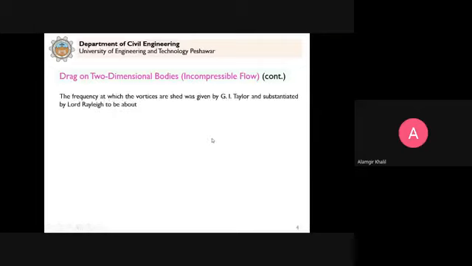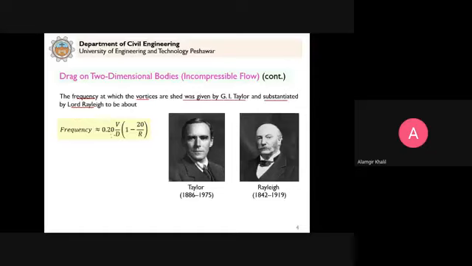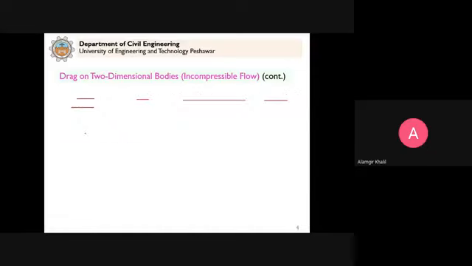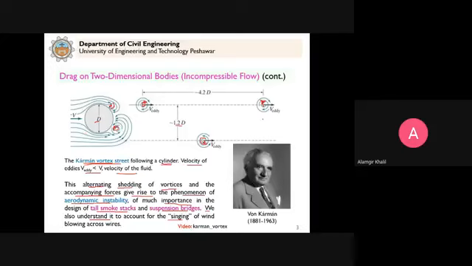The frequency at which the vortices are shed was first given by G.I. Taylor and substantiated by Lord Rayleigh to be about what is given by this equation. This is the frequency with which these vortices are shed after the fluid flows past the body.